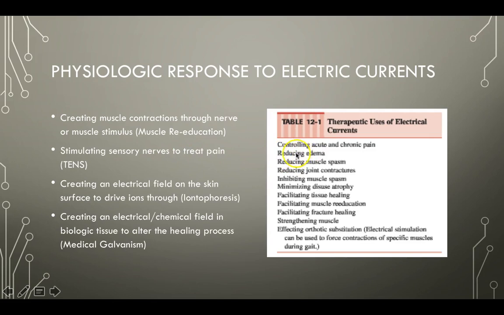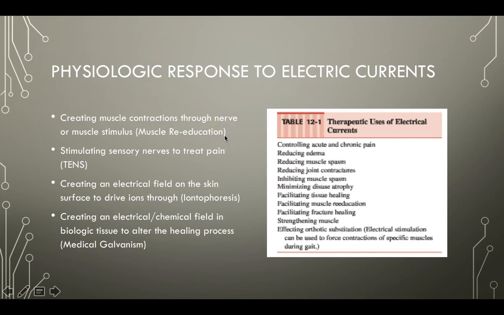We can reduce edema. That has to do with some of the muscle contractions we can create. We can reduce muscle spasm either by treating the pain or by potentially overriding that likelihood to spasm with some of the muscle contractions. We can inhibit muscle spasms, same as reducing joint contractures, again through that muscle re-ed.